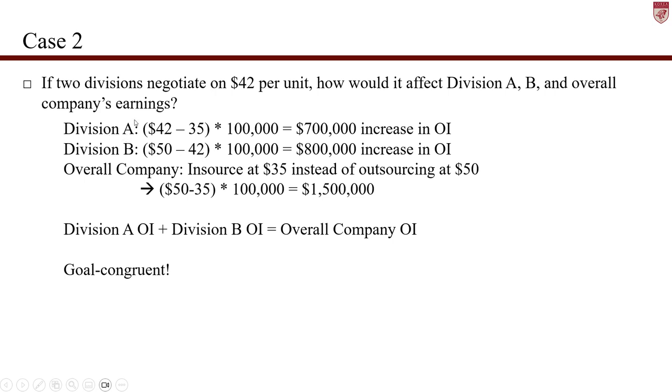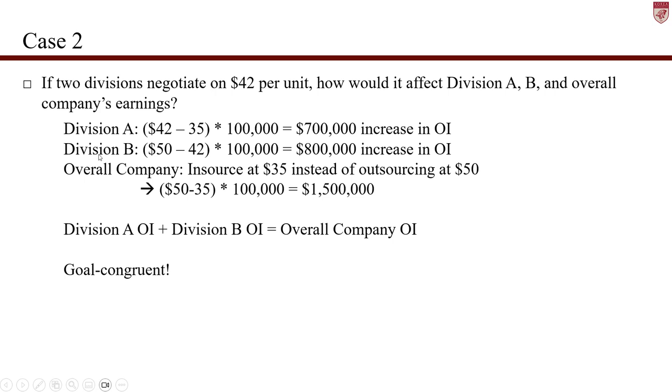From Division A's perspective, they're now earning $42 per unit, while the incremental cost is 35, right? So it's going to be 42 minus 35 times 100,000 units. So $700,000 would increase in their bottom line number.